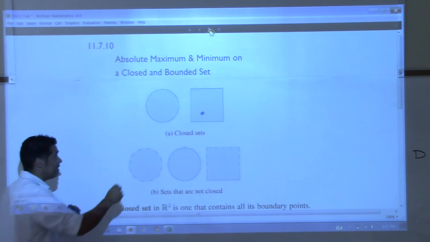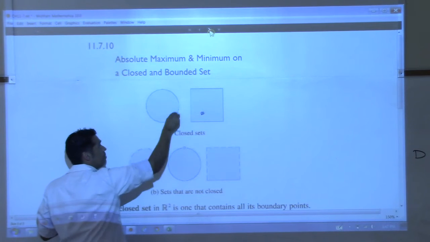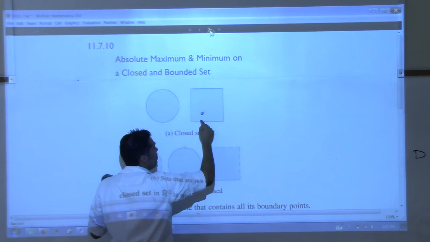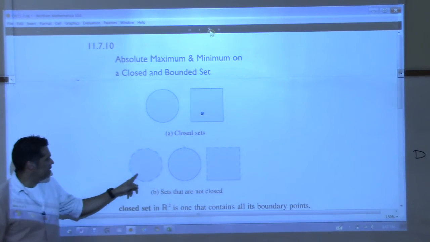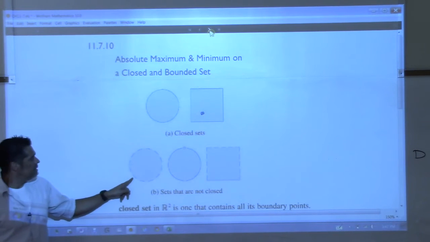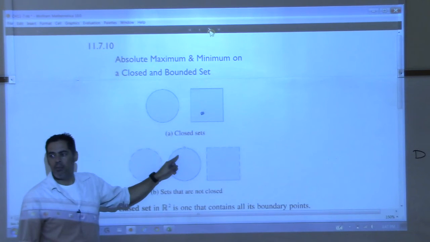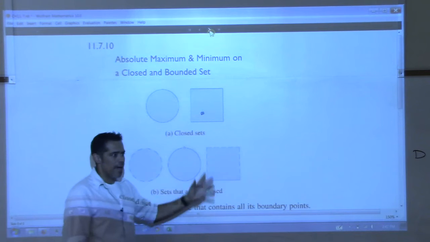So like this is a circle, right? We're talking about every point inside the circle and every point on the boundary. This is a square or rectangle, every point inside and every point along the boundary. Here we have a disk that we are not including the boundary. This is an open set. This one is everything except that one single point. That would be an open set. It's not closed. And then this one is, the box without the boundary.